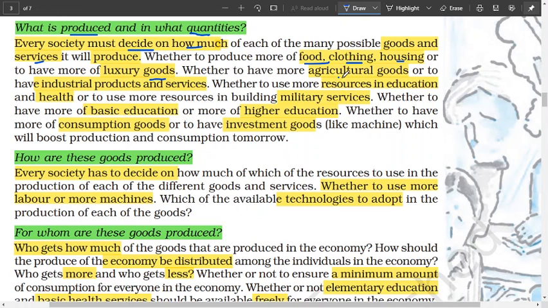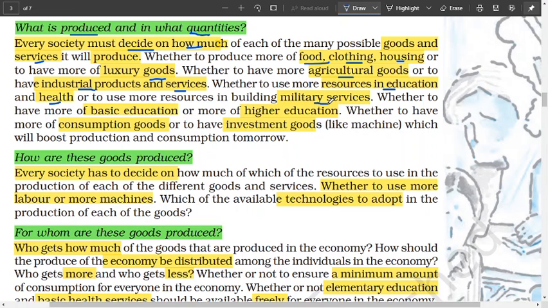Whether to produce only goods from agriculture or also from industries, whether they have the resources to balance the two, or whether they need services, whether they have the resource to use on education and health, very basic to society, or they can spend more on military, which is a wasteful consumption, so to say, but it's important from a security point of view.